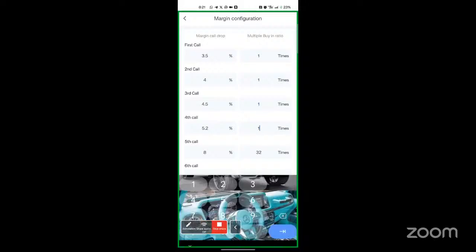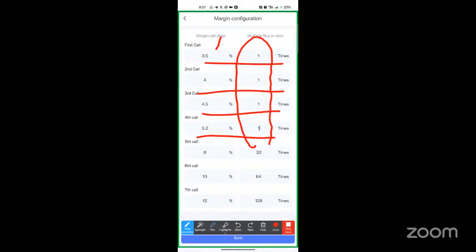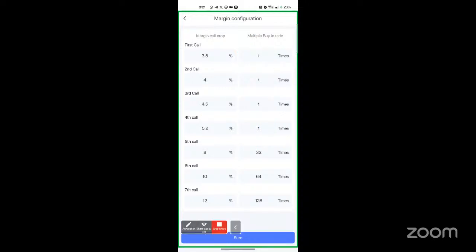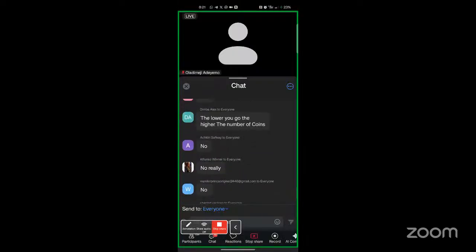Are they increasing the number of coins? Are they increasing their winning rate? Are they moving their average price closer to the current price with this approach? Some answers in the chat.